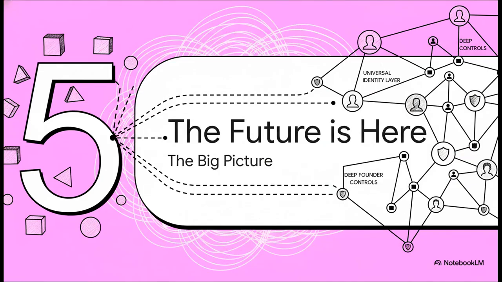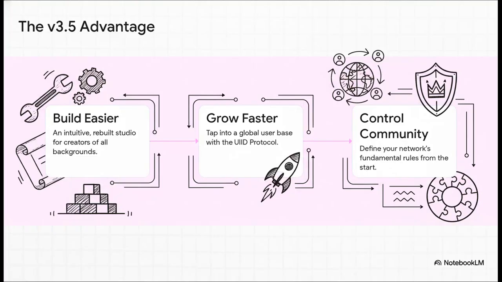So, when you start putting all of these pieces together, the simple building tools, the universal identity, and all these deep controls for founders, a much, much bigger picture starts to come into focus. This isn't just about building another social app anymore. The whole advantage really boils down to three simple things. First, it lets you build easier with tools that are powerful but also intuitive.